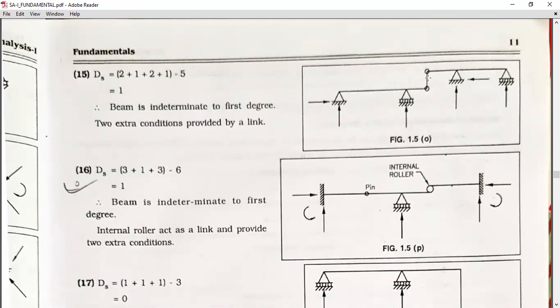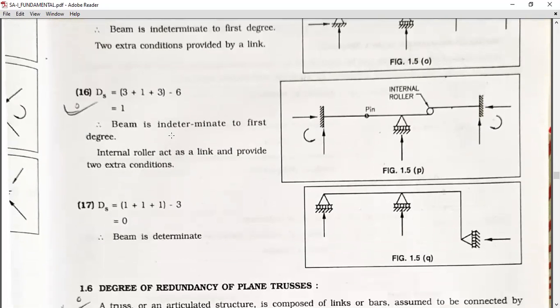We can calculate 1, 2, 3, 4, 5 and 6. 6 reactions, equilibrium conditions are 3, but we have 2 pins, plus 2, so 3 plus 2 is 5. We get 6 minus 5 is equal to 1. The beam is indeterminate to the first degree, with two extra conditions provided by our link.